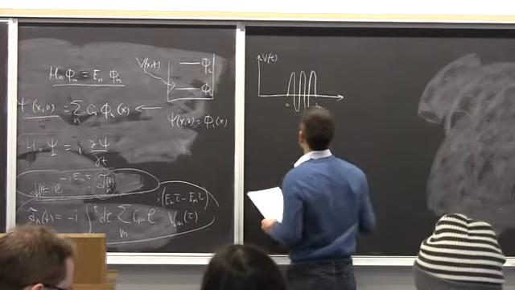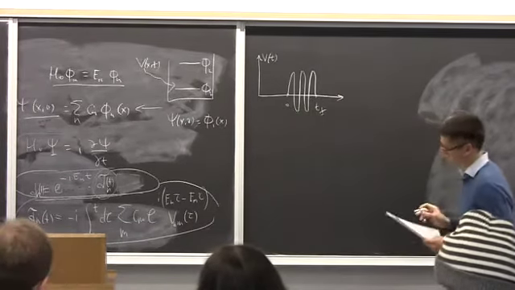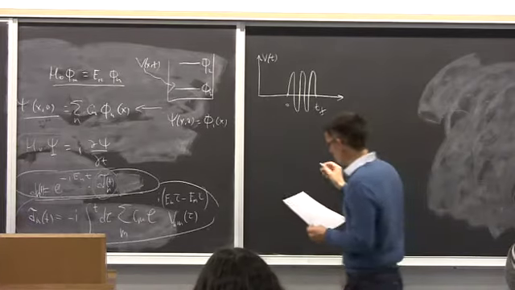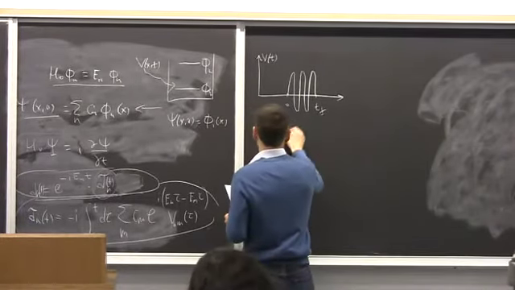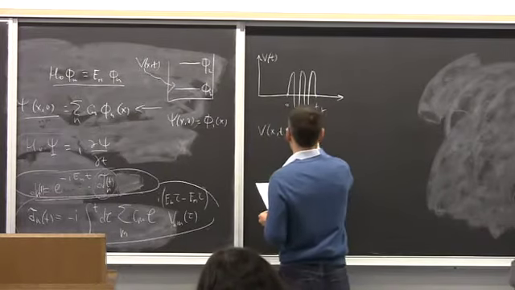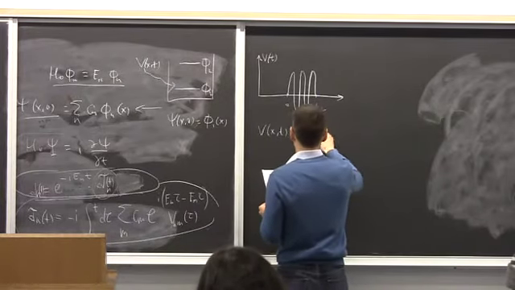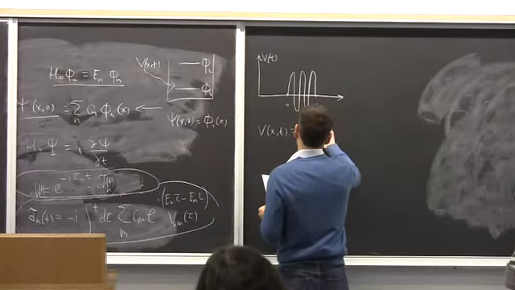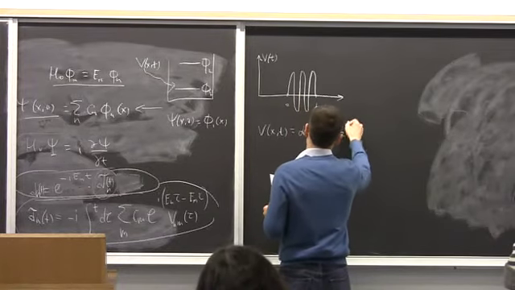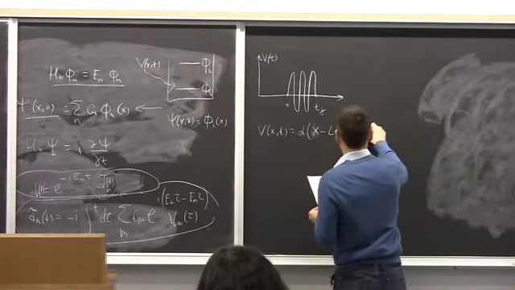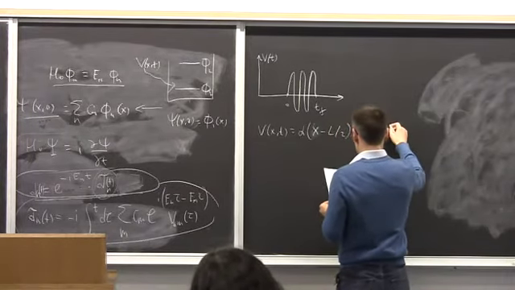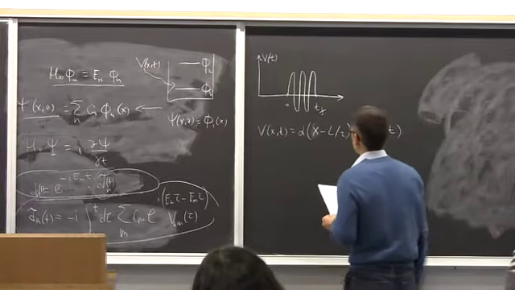So let's make it sinusoidal. And then the spatial part will be, say, some constant alpha times x minus L divided by 2, and then cosine omega t.